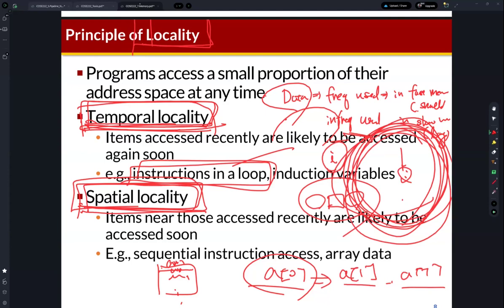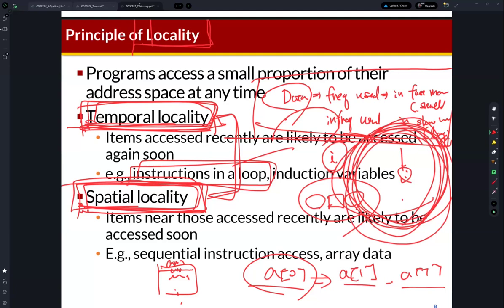So I said that this is the main approach for improving the performance of the memory system. Frequently accessed data can be stored in the best memory, and we can predict the frequently accessed data using temporal locality and spatial locality, right?